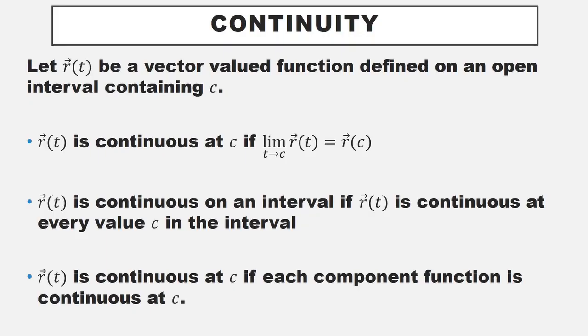So we say that a vector valued function defined on an open interval containing C is continuous at C if the limit of the vector valued function as t approaches C gives you the same thing as the vector valued function when you input C. This is very, very similar to continuous real valued functions, except now we have vectors involved.